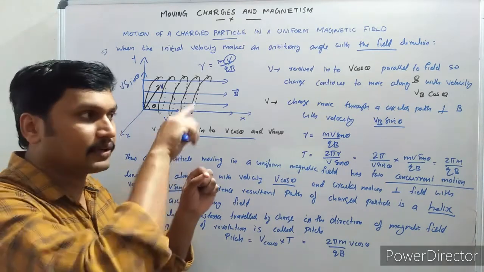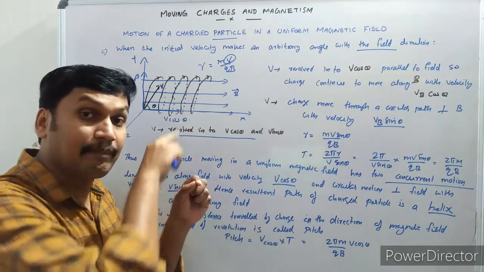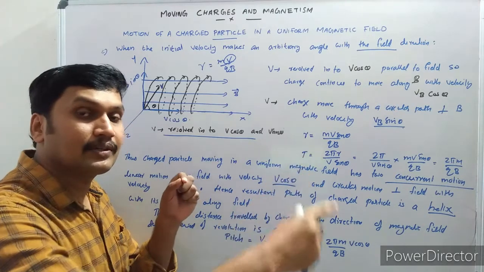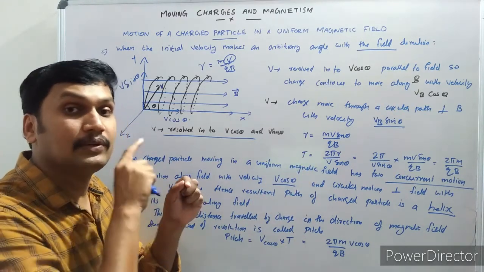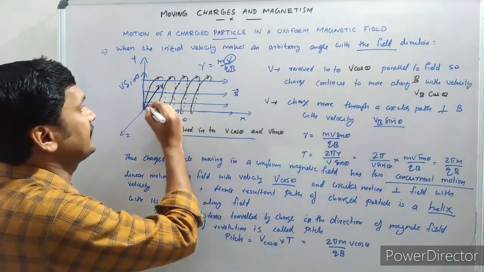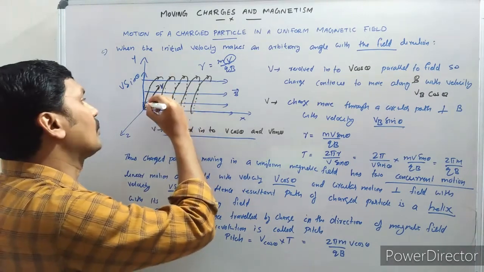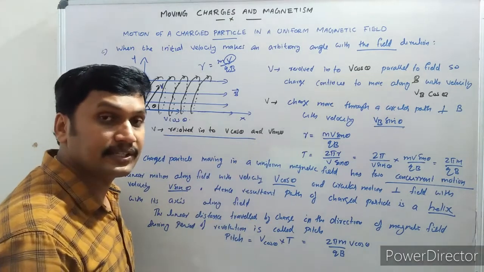Once it completes a circular path, it travels a linear distance. Once it completes a circular path, it moves along a straight line. So the path will look like a helix, or like a spring. That's shown in the diagram. Once it enters, it moves a linear distance and a circular path. So once it completes a circular path, it will travel some linear distance.